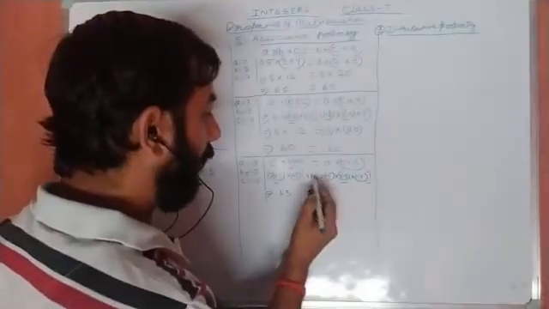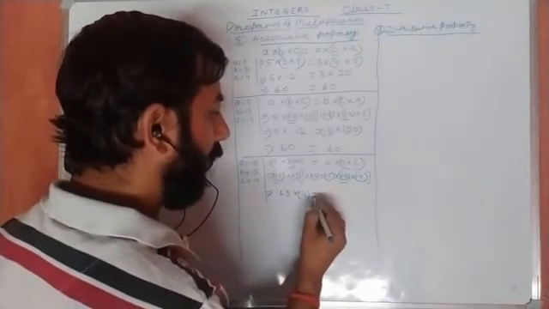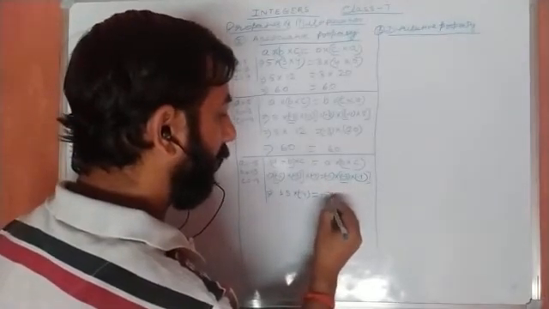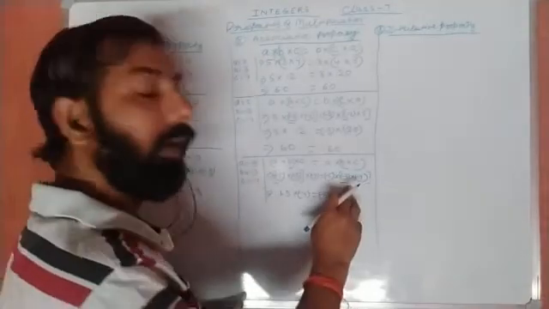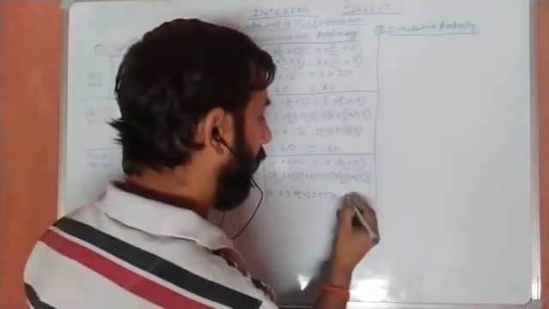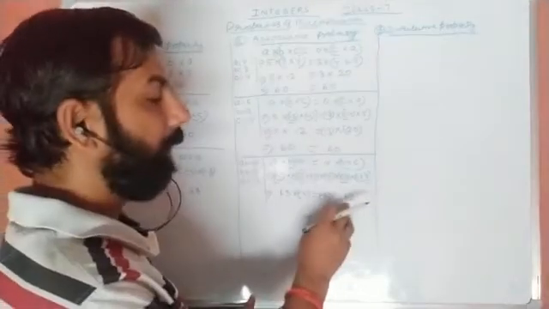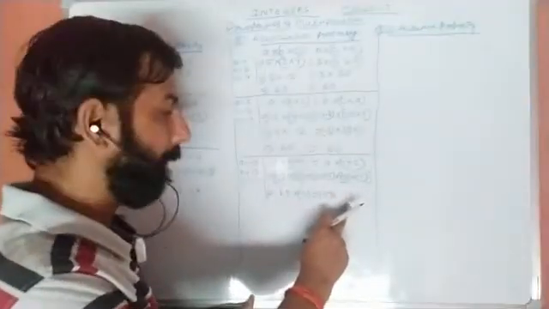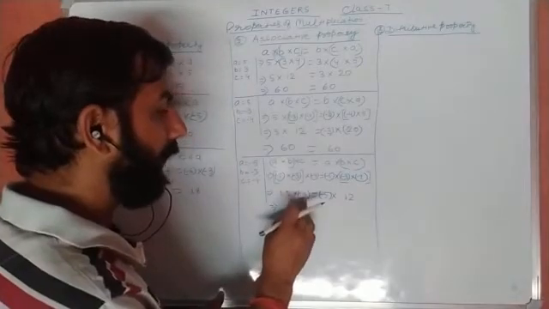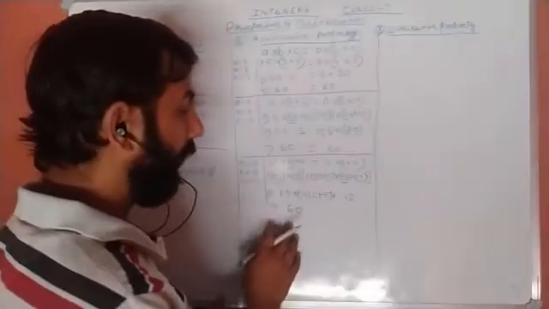Here is into minus 4. Again minus 5 will be here, into, we will solve the bracket first. 3 4s are 12. What will be the result? Minus minus plus. Plus 12 it will be. Now the next step. 15 4s are 60. We have taken the 60.